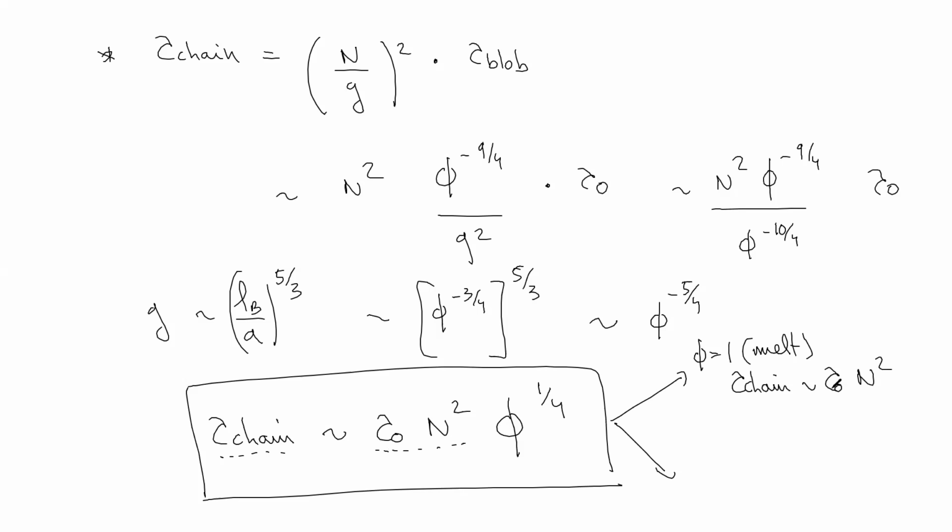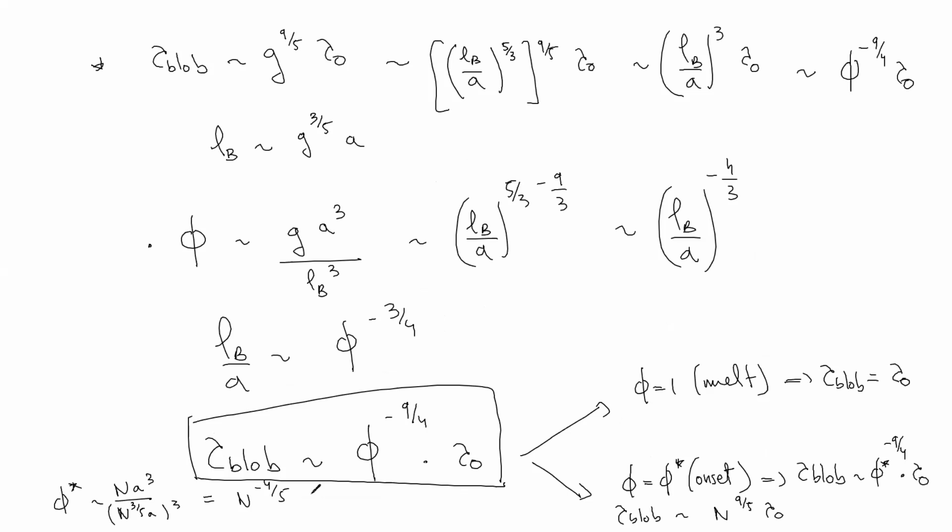N monomers, each having an individual tau naught relaxation time. When we reach the dilute regime at the onset of dilution effect, then tau chain becomes tau naught n squared, and now we have to see what phi star is. And phi star, I think we found it recently, is n to the minus 4/5.